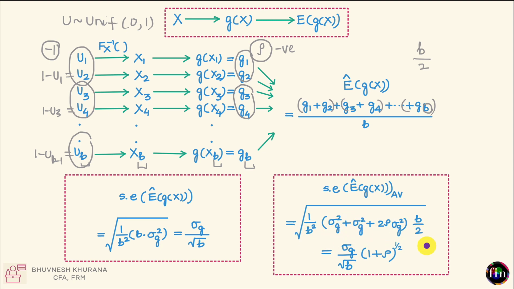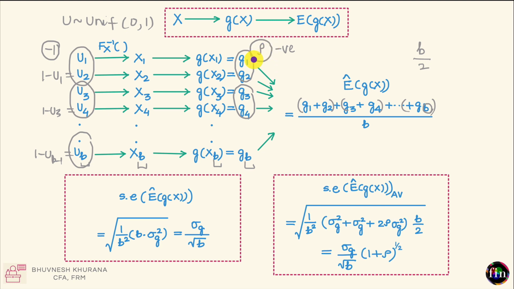If I were to simplify this expression, the standard error for our estimator in the antithetic variates world turns out to be sigma of g divided by square root of b, this time times the square root of 1 plus rho. Compare the standard error in our standard Monte Carlo with the standard error which we now have when we've switched to antithetic variates.